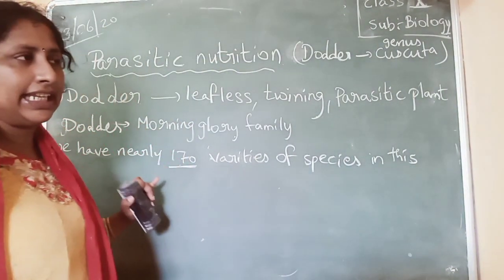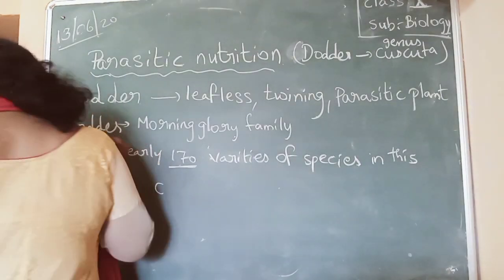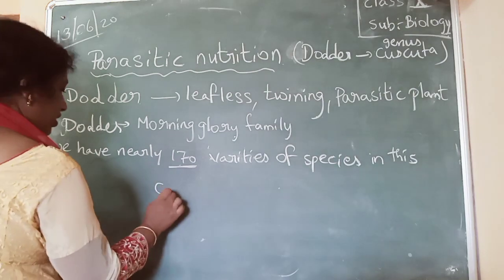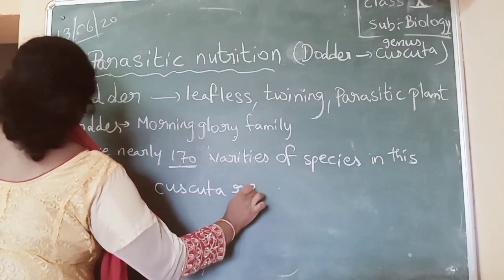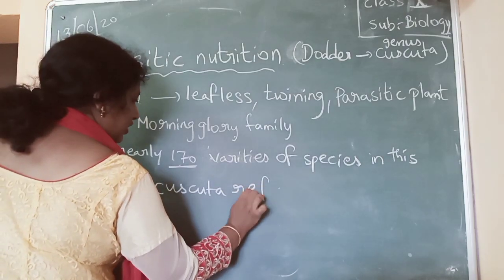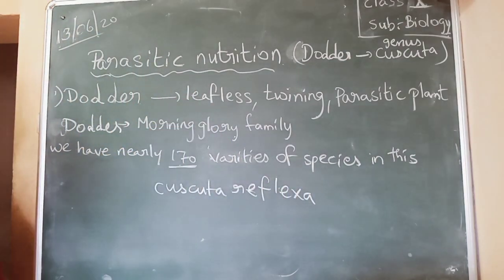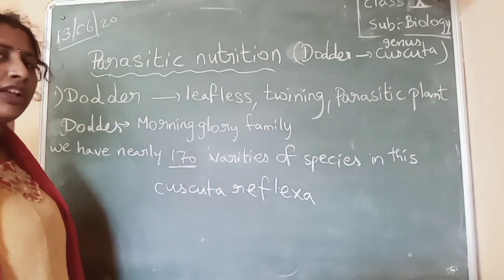We will study here Cuscuta reflexa. In the genus Cuscuta we have 170 species of plants.